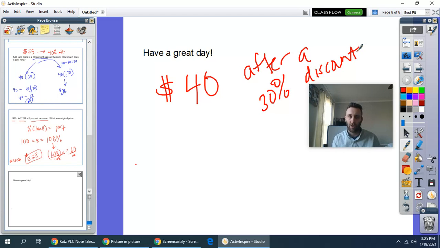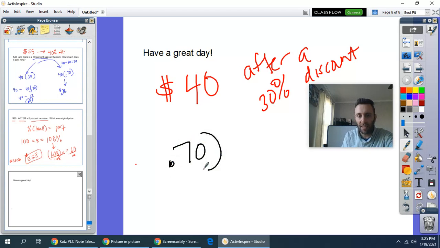How much did it cost originally? So just in case you weren't sure, this one I will do for you, in case you got this wrong. So remember, that means that something was a 30% discount. So you were only paying 70% of what it was, but you don't know what the original amount was, but after that discount, it was $40.